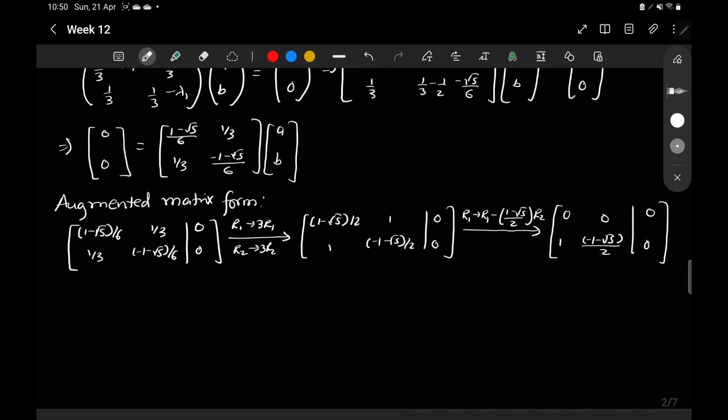Now we can find out the vector. So if b equals 1, then a becomes 1 plus root 5 over 2, and thus the eigenvector for eigenvalue lambda 1 is given as follows. And then we can normalize it.